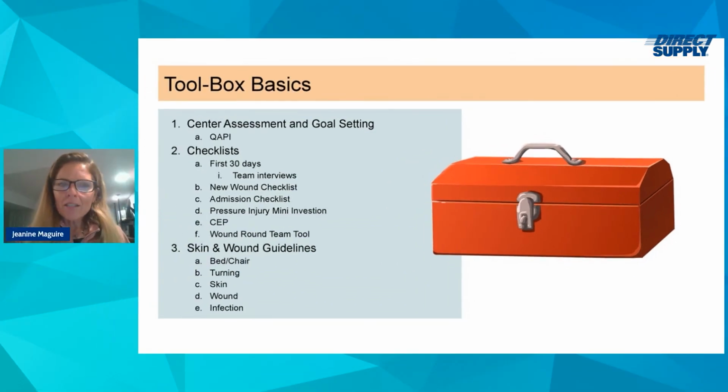You want to do a center assessment and set some goals. So you want to look at process improvement for wound management that goes beyond just making sure that the CNAs are turning people. Important, yes, but that's just one piece of it. A great example is if your bed surfaces are all outdated and dead.